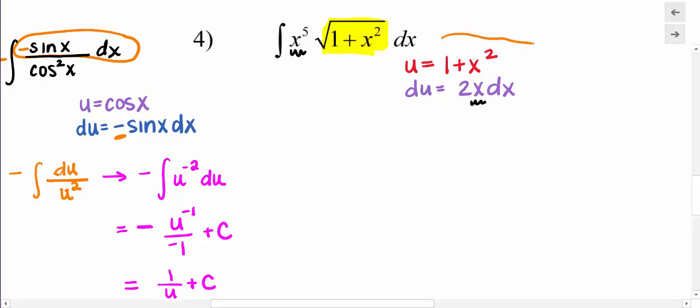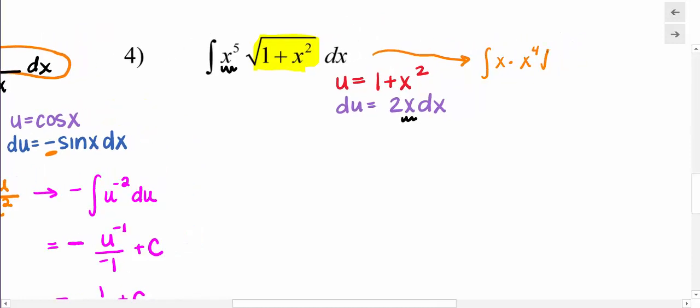So what I'm going to do is rewrite this one time as x times x to the 4th times the square root of 1 plus x squared dx. And let's see if you can understand why. I need one of these x's for my du. So here it is. So I'll kind of highlight my du stuff here.